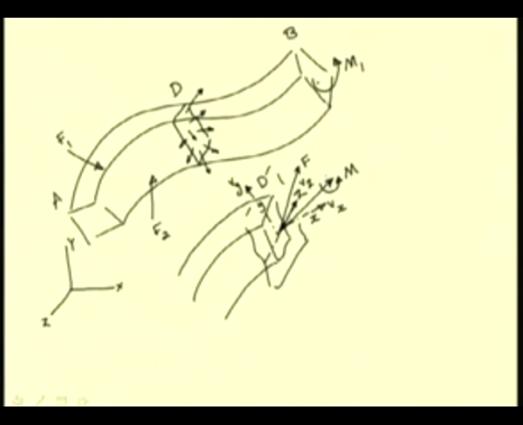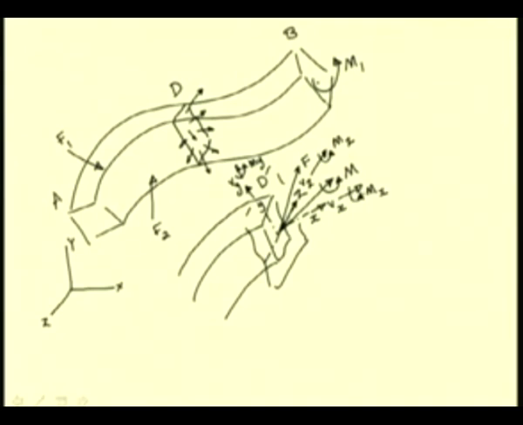Let us similarly consider the components of this moment. So, we will have a moment component Mx, a moment component Mz and a moment component My along the x, y and z directions.